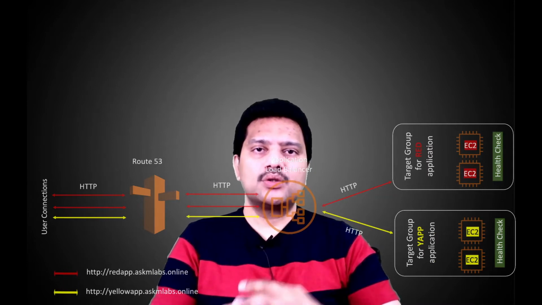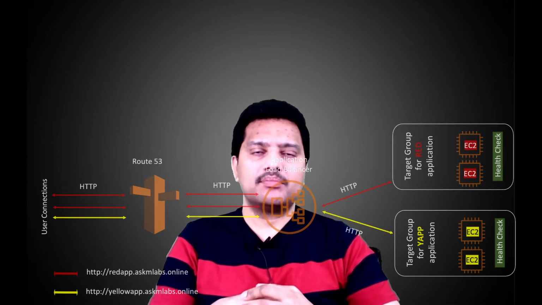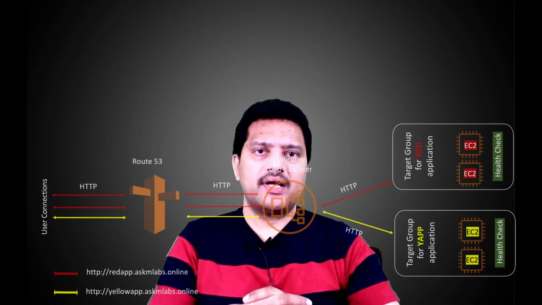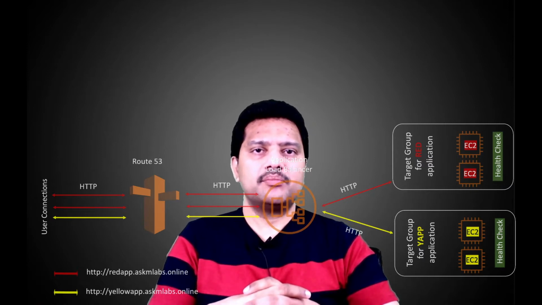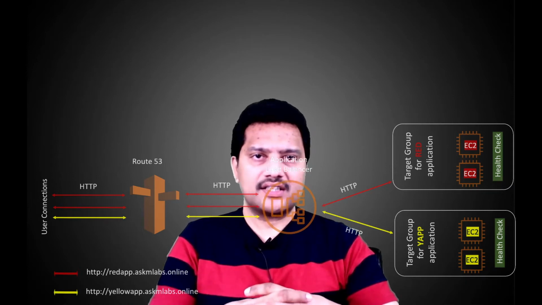There are 2 different types of application and I call these applications red app and yellow app. I am taking these names because I use a color coding here, and this is for our easy understanding of the differentiation between red app and yellow app.